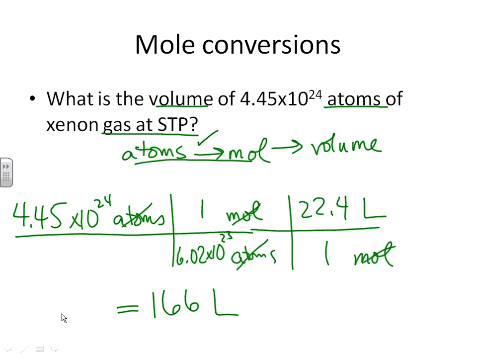Come see me and we'll make sure you're squared away on that. And you might have gotten something a little bit different, but I am looking at sig figs here. When I go through and do this math, 166, 3 sig figs. This value right here has 3 sig figs in it, so I'm keeping it to 3 sig figs.